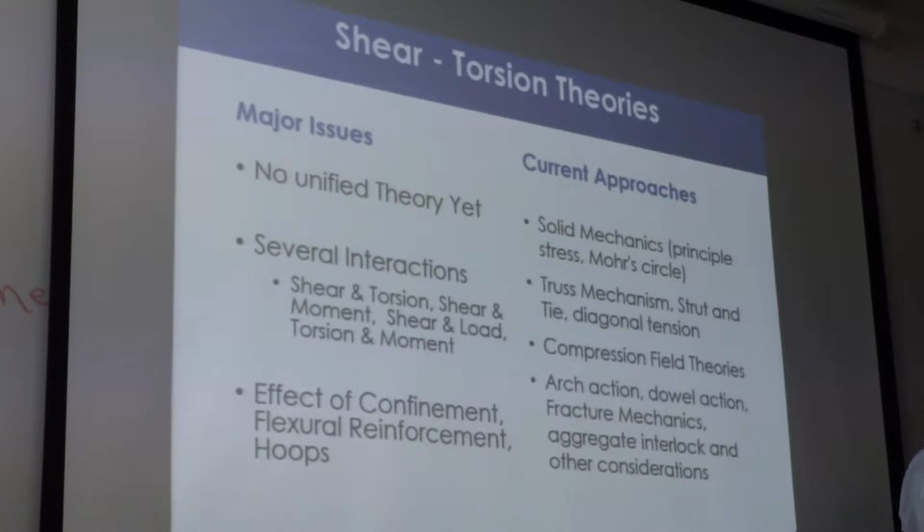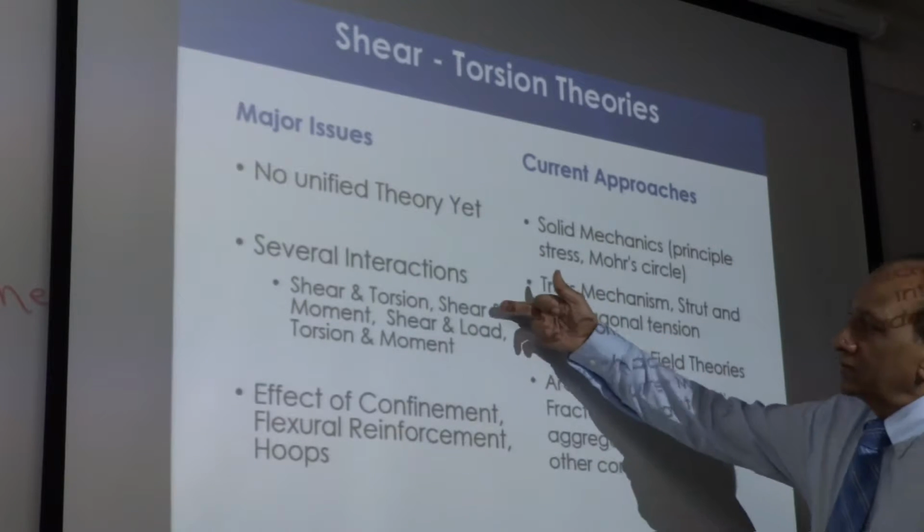Bending moment can be at any place, it doesn't matter. But for shear, the location of the load is also an issue with respect to the supports. So it's not just the value of the shear, but how far the load causing the shear is located, sometimes called the shear span. So those will also be important.